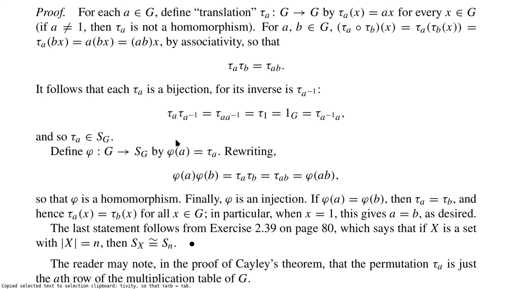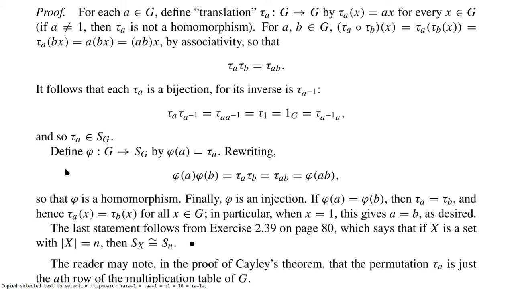So it will be tau 1, which is the identity map, and that's equal to the other way around, because we had associativity working. So each of the translations is a bijection, and as Baltus pointed out previously, this is an element of S_G, and S_G is the collection of such taus which are bijections.